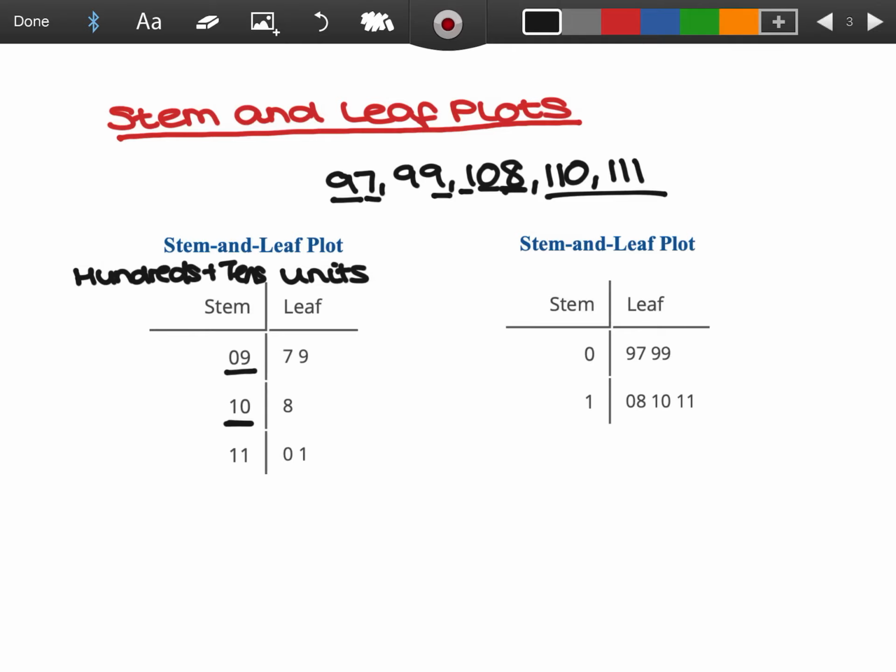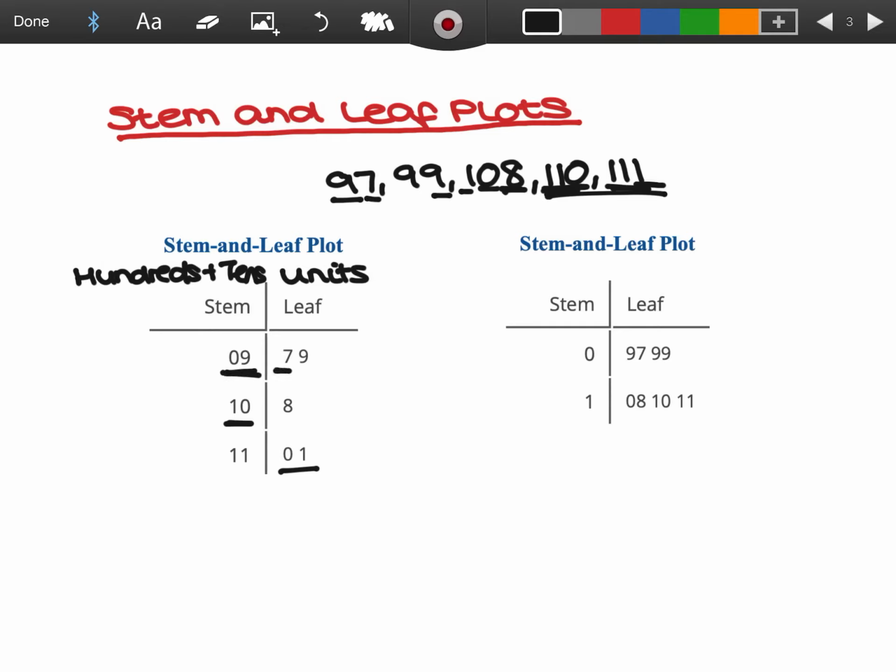Now our next stem is 11. We've got a 1 in the hundreds column, 1 in the tens column, which are these 2 data points here. And then the leaves are any units in your data points associated with that. So we have units of 0 and 1, which go here. So it's just a way of breaking up your data points.